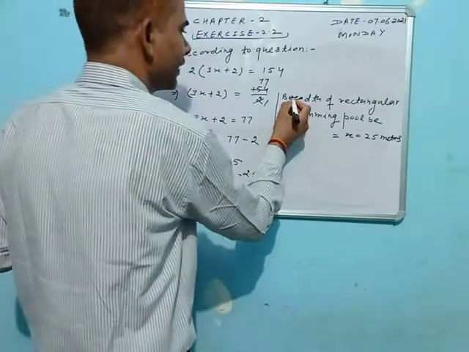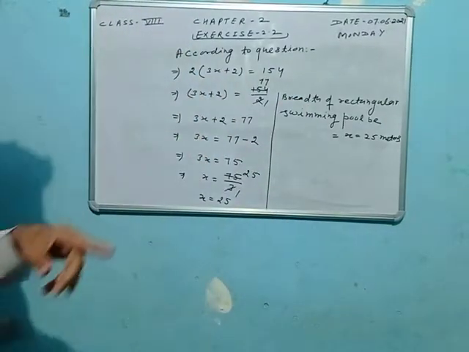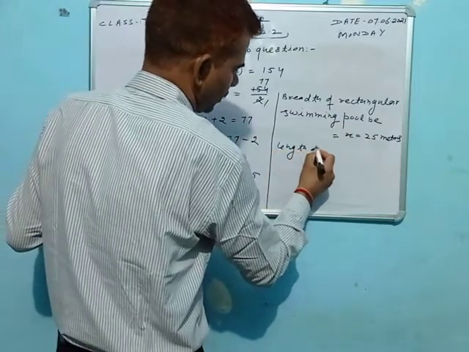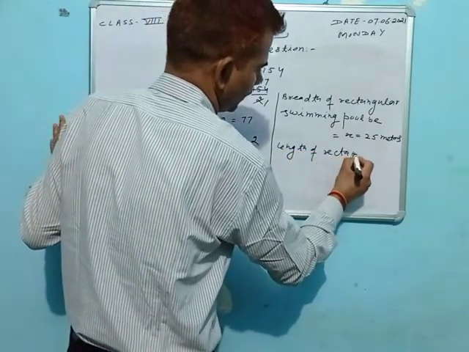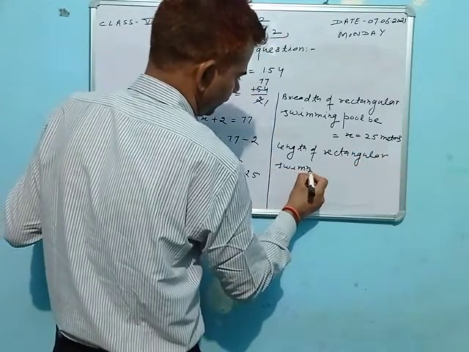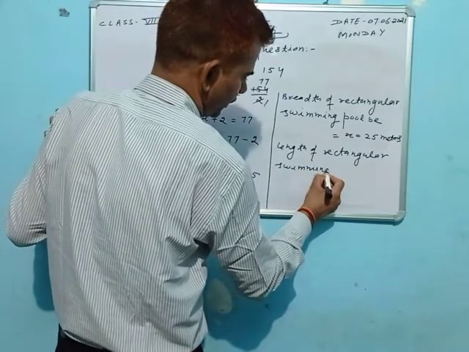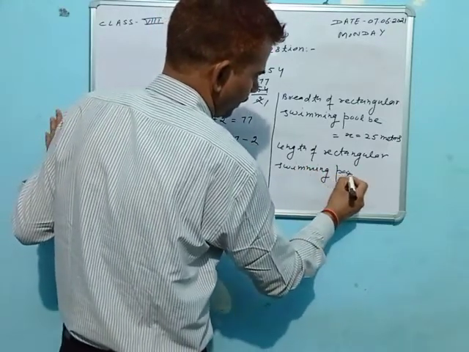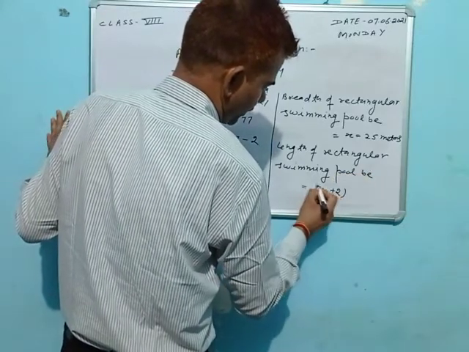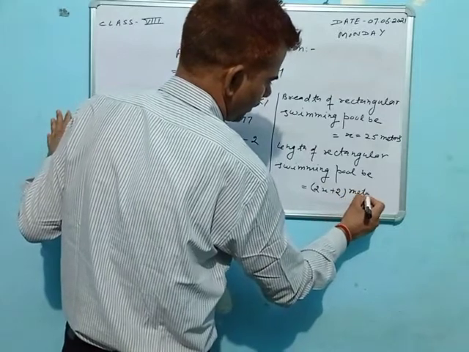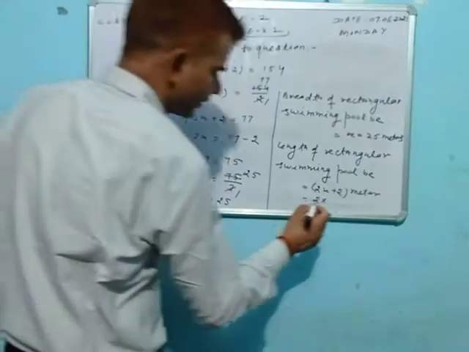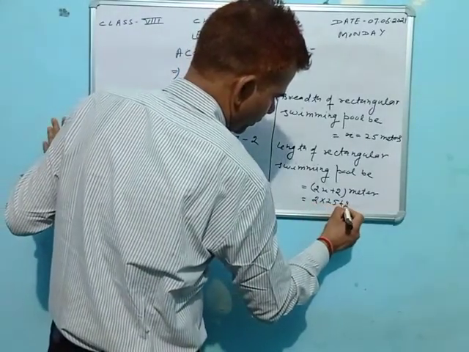And length is 2x plus 2. The length of the rectangular swimming pool B is 2x plus 2 meters, that is 2 into x, the value of x is 25, plus 2.